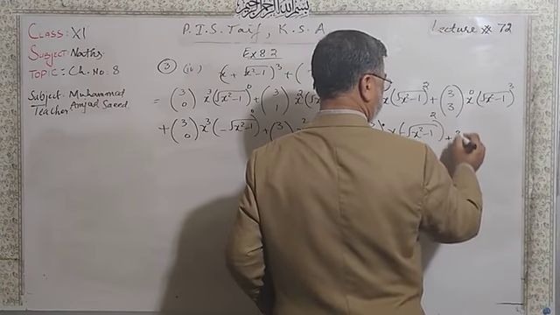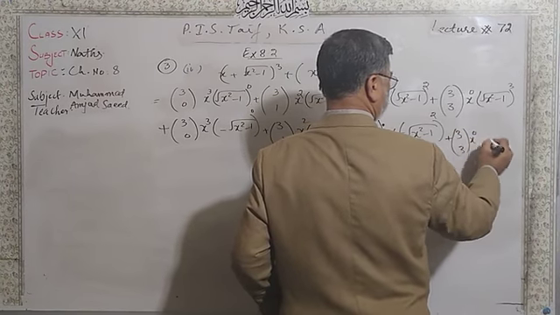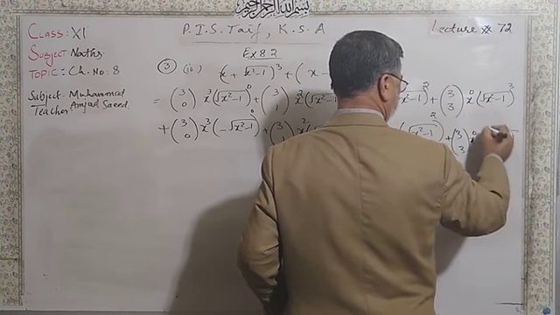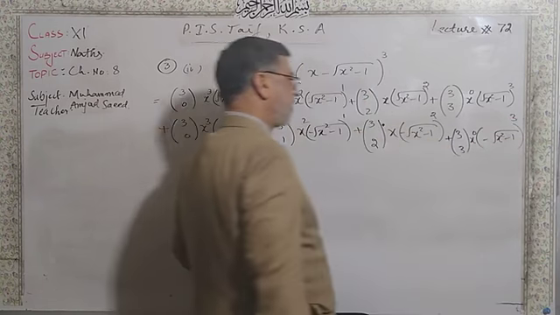This will be 3C3 x^0 (minus under root x square minus 1) whole power 3.